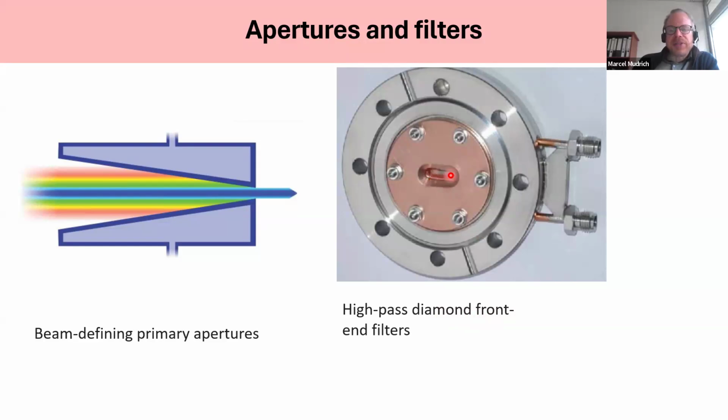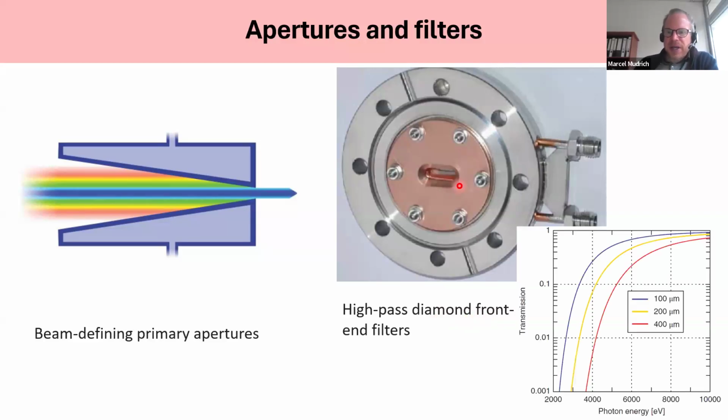Well, diamond has the property of transmitting radiation only above a few kilo electron volts of photon energy, depending on the thickness. If we take, let's say, a 200 micrometer thin diamond layer, that would be the yellow line, then we would get decent transmission of the beam only above a few, like let's say 5 or 6 kilo electron volts. So that acts as a high pass filter.